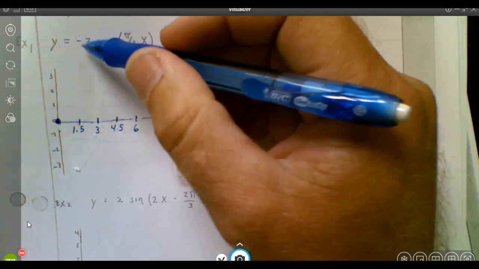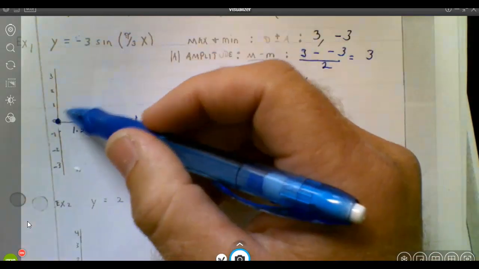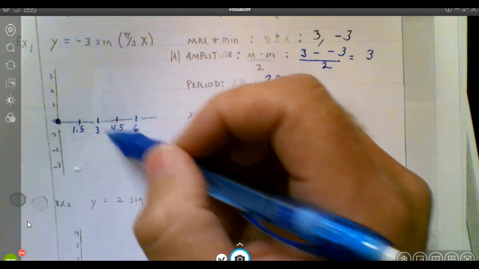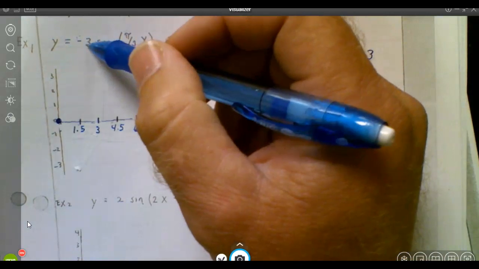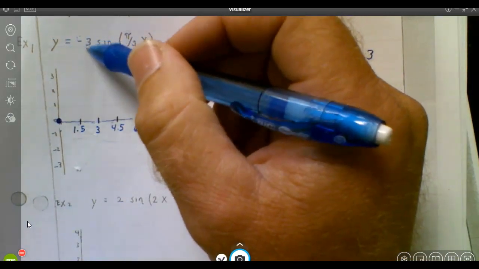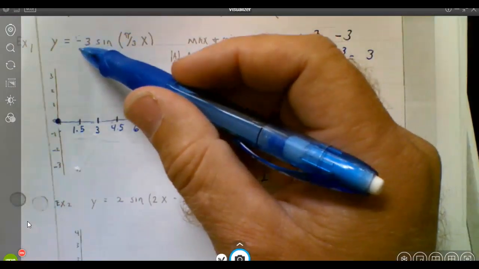I know on this, our typical sine function went up 1, back to 0, down 1, back to 0. Now in this case, first of all, it's not going up and down 1, it's going up and down 3, because that's my amplitude. The other issue is I have a reflection.